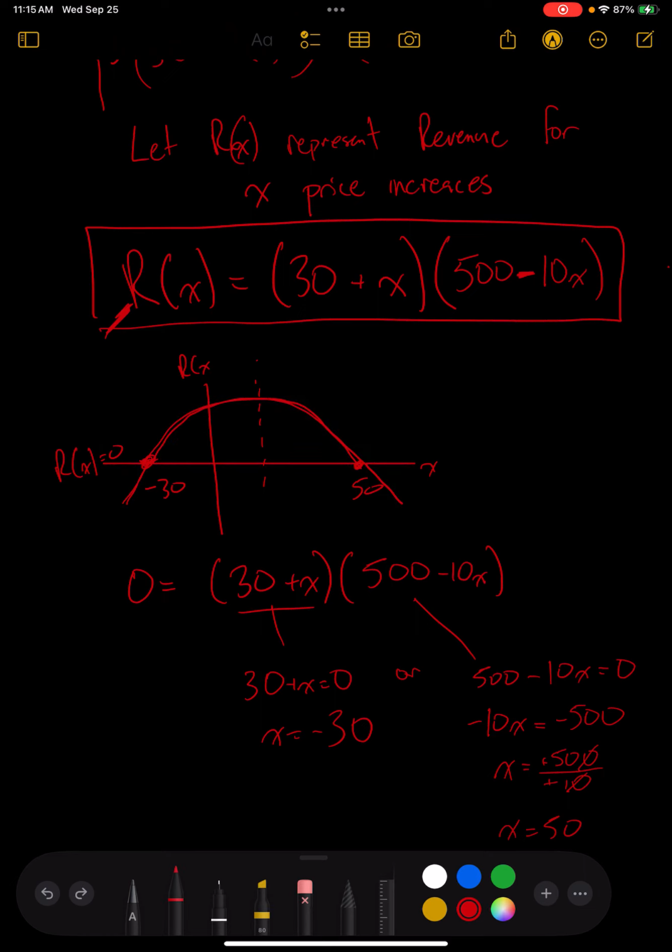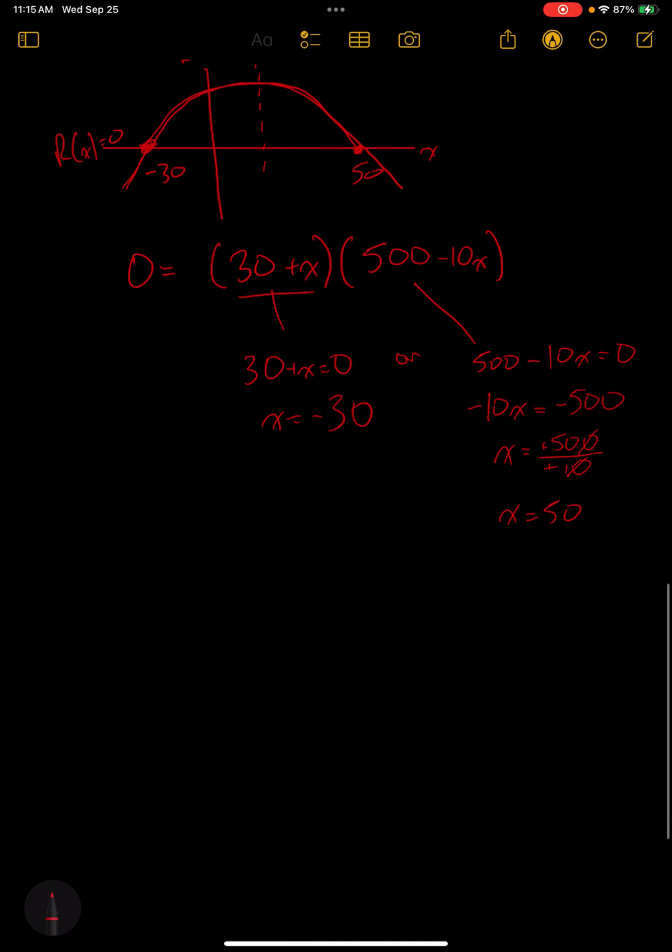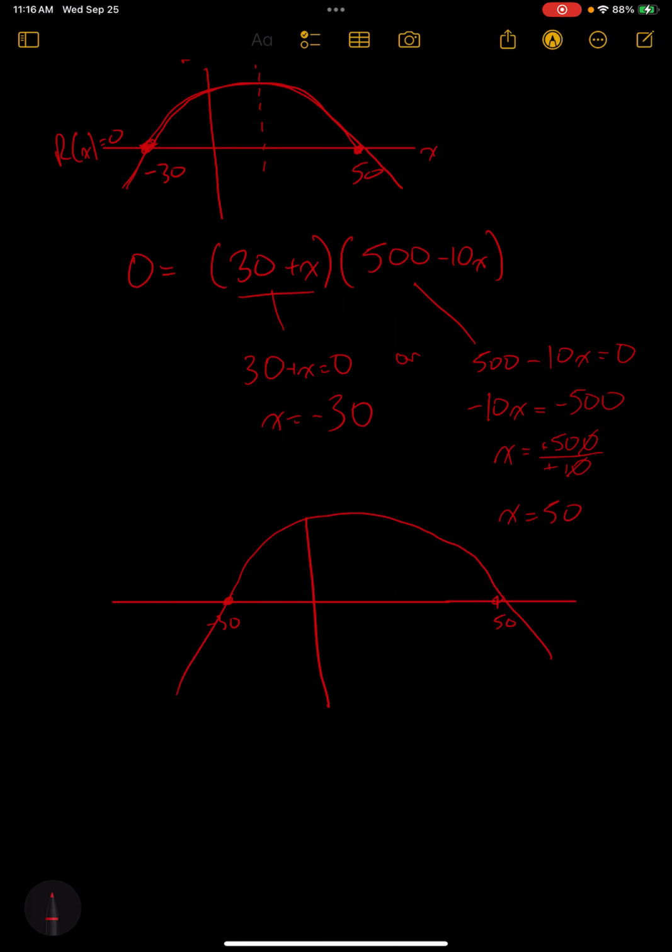You would draw it and see that right here it's probably minus 30, and over here it's probably 50. That's where my zeros are, and the midpoint between those x values is where my maximum occurs. How many price increases will give me a maximal revenue?